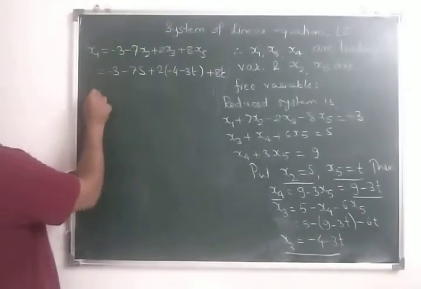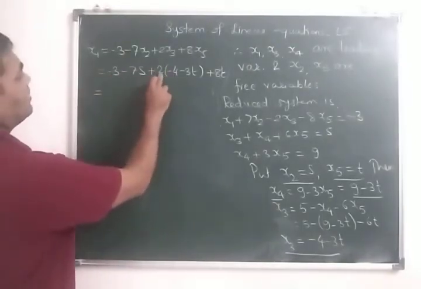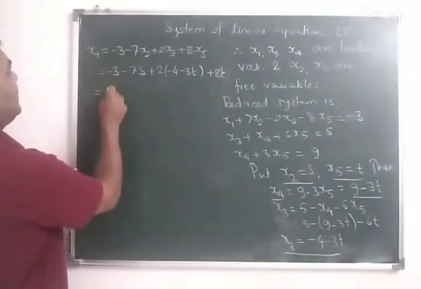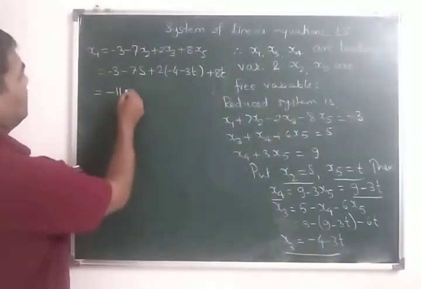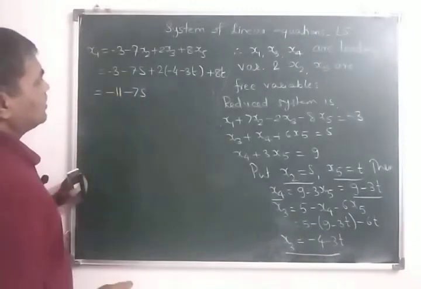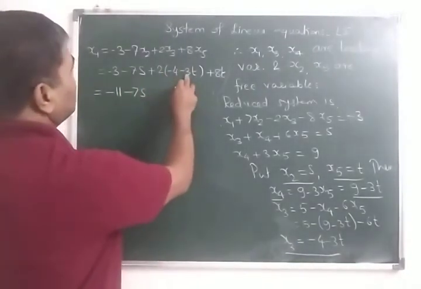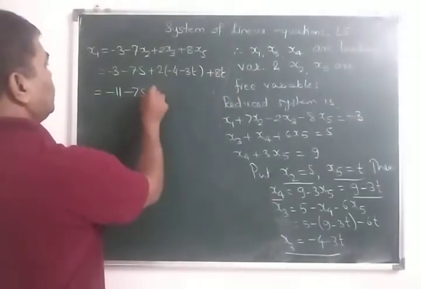After simplifying we will get minus 3, and 2 into minus 4 is minus 8, minus 8 minus 3, so that is minus 11. Then minus 7s, and how many t's? This is minus 6t plus 8t, so it will become 2t.